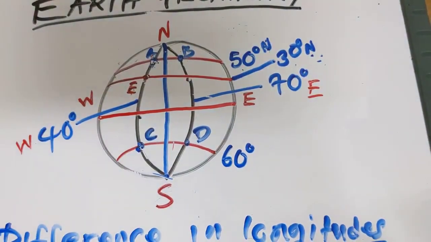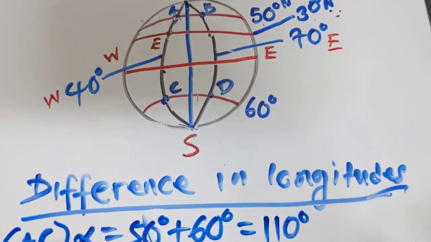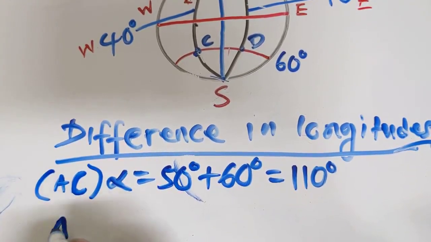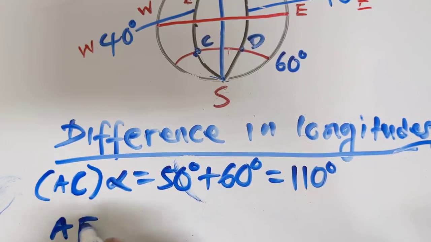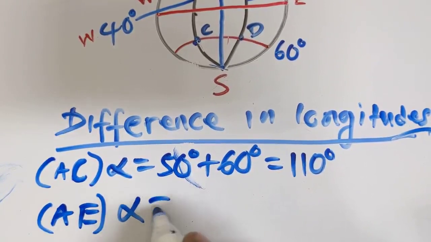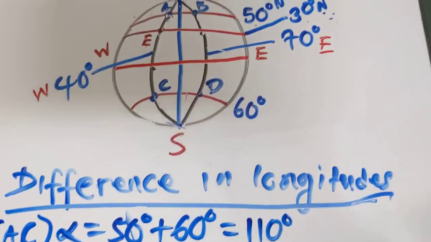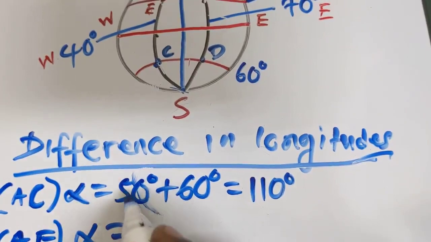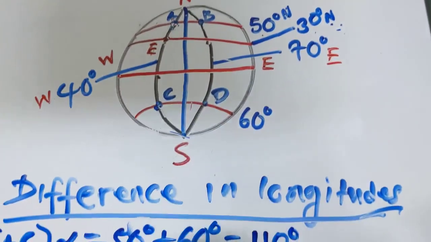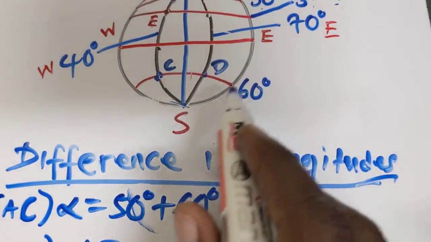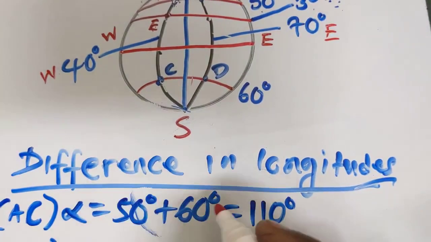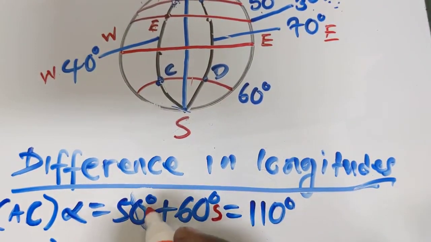We subtract. We are finding the difference between A and E. If you look at this 50, it was north for A. This 50 for the case that we got here is south.